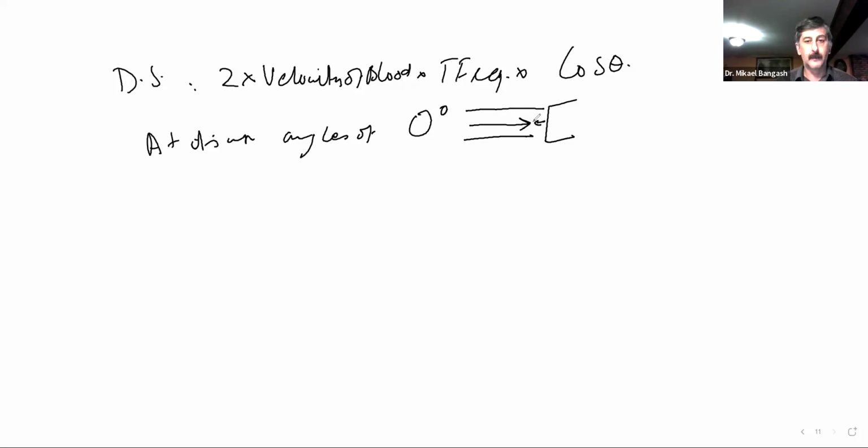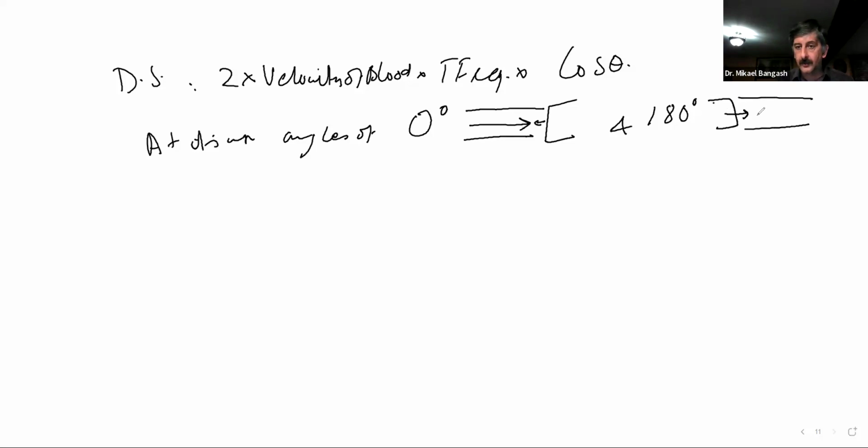And 180 degrees. Now what does it mean to be at 180 degrees? If we were scanning from here, and let's say the blood was flowing in this direction here.